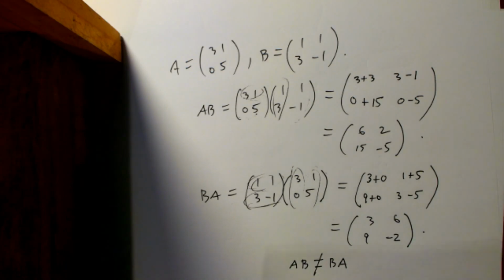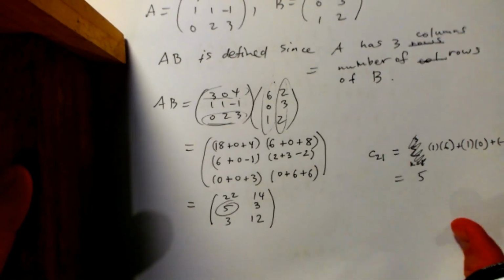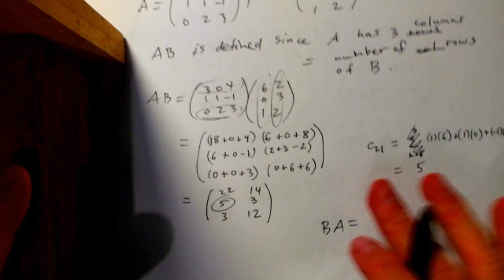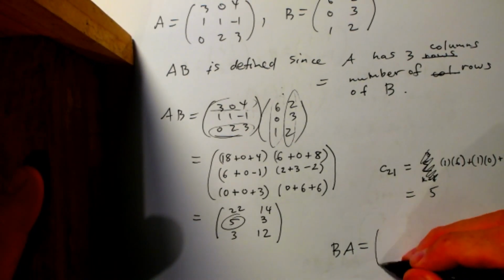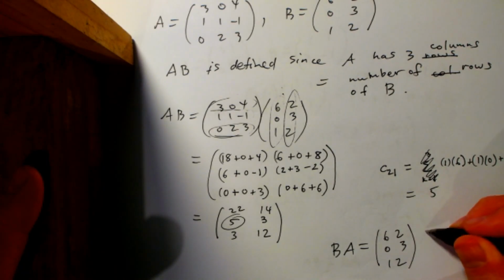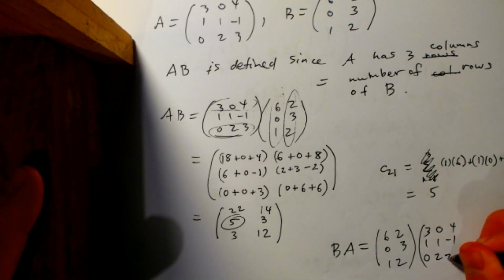Alright, so I forgot to go back and do the other one the other way. So if you go back to the previous example, now BA, if you were to write this out for this example, you'd be looking at 6, 2, 0, 3, 1, 2 multiplied by 3, 0, 4, 1, 1, minus 1 and 0, 2, 3.